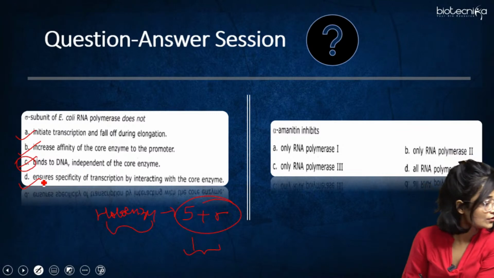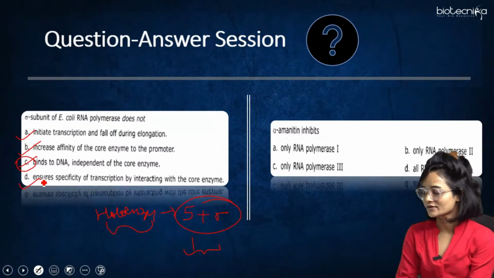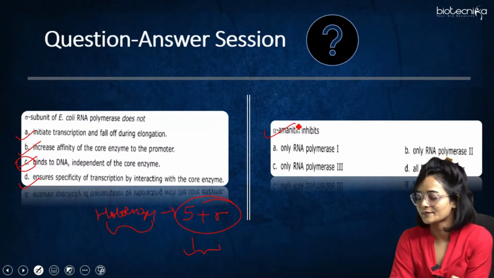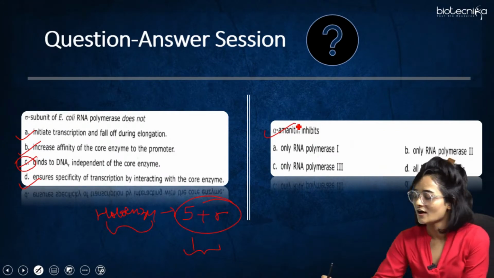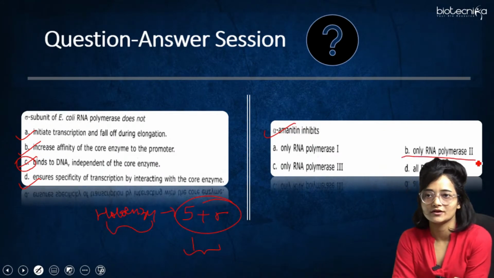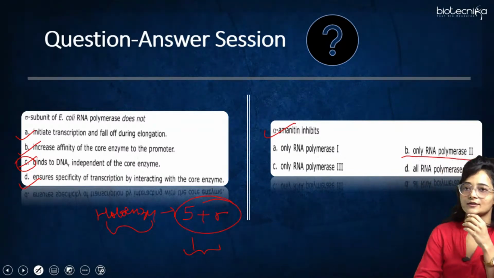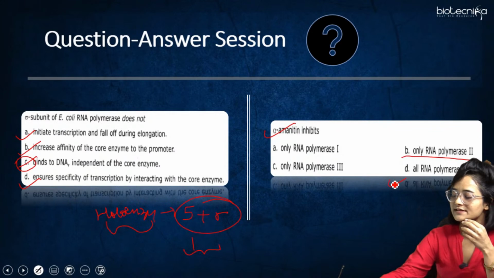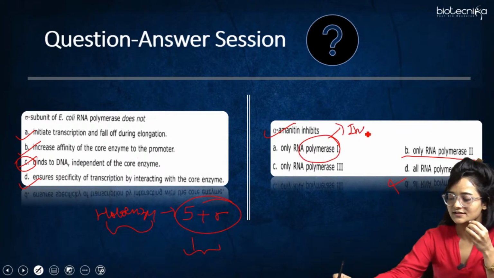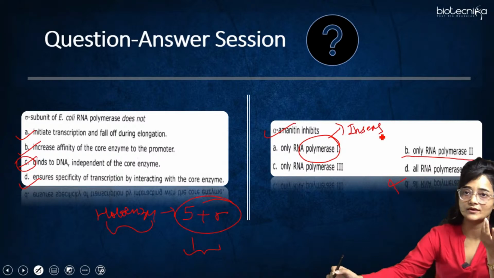Yes. So Mahima says, okay, now Mahima, you are right, that alpha amanitin inhibits only RNA polymerase 2. In option D, it is given all of the RNA polymerases. Now, that cannot be, because RNA polymerase 1 is insensitive. It is insensitive, we just read it.